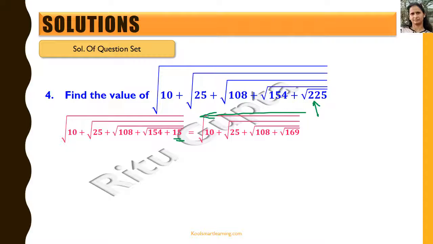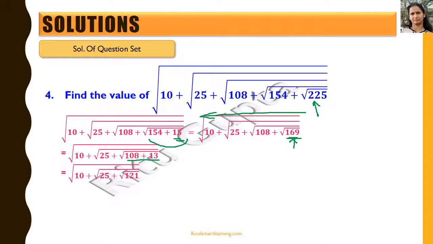And now if we add these two, 154 plus 15, we get 169. And again, moving from innermost to outermost, we first resolve this square root of 169, which is 13. So we get this as the final expression. Now 108 plus 13 is added and we get 121 here.